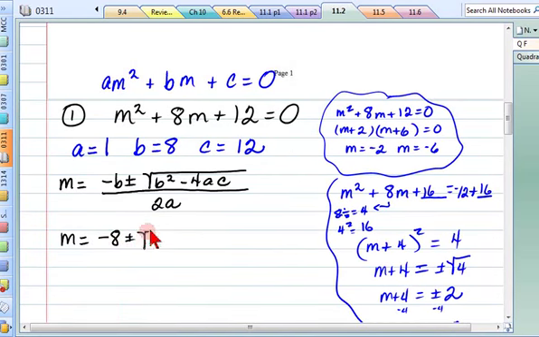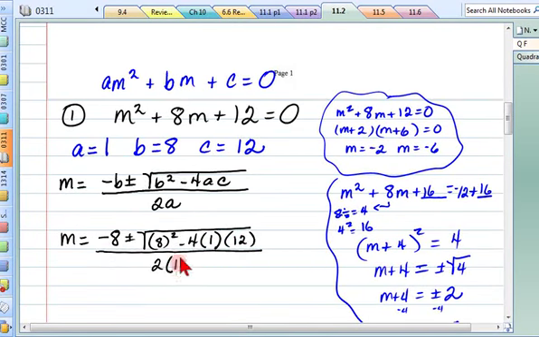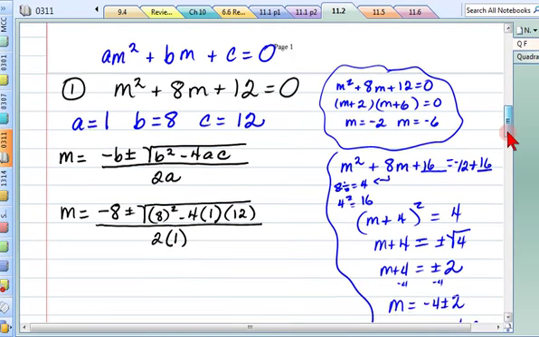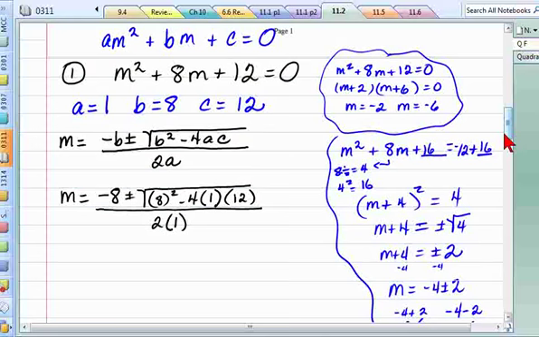Plus or minus the square root of B squared means 8 squared minus 4 times the value of A is 1, the value of C is 12, and all of that is over 2 times the value of A, which is 1. Now is everybody okay with just the plug-in of the numbers, A, B, and C?